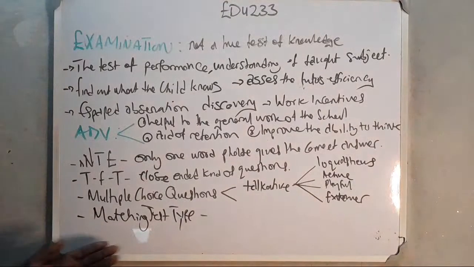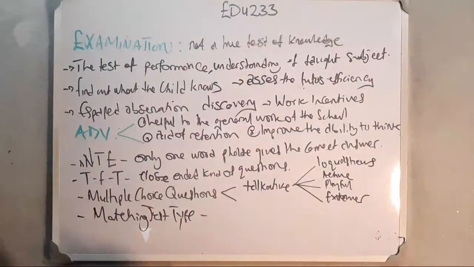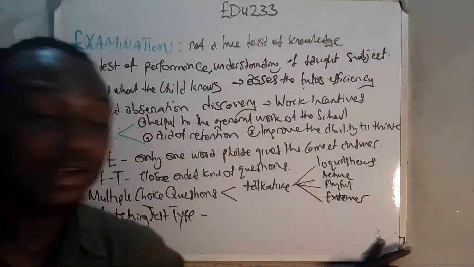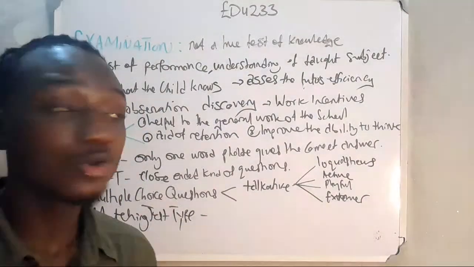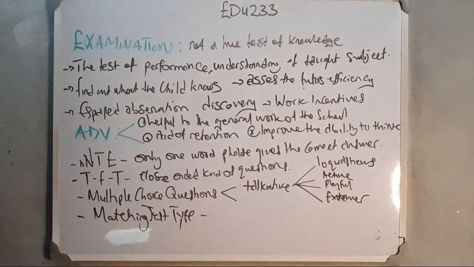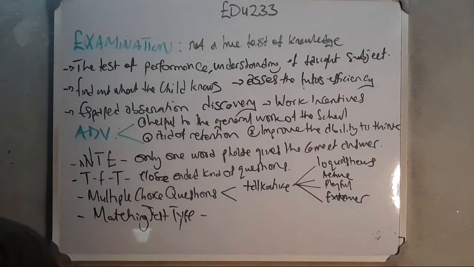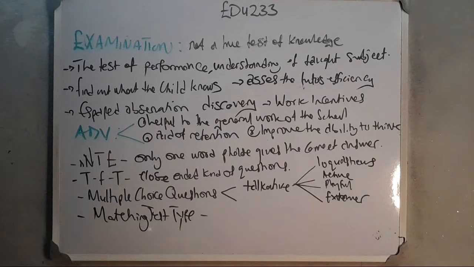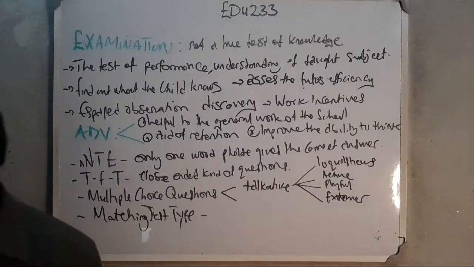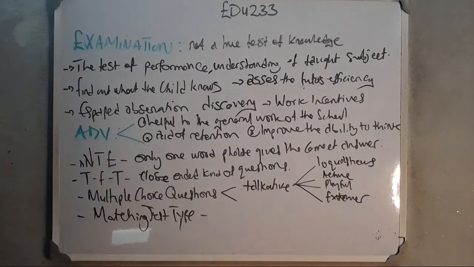So now the matching is more of which one goes correctly, like antonym, or fill in the gap with the correct word, and you are given options. So you have to match the correct answer with the correct question. For example, it says the best conductor of electricity in the list is dash.